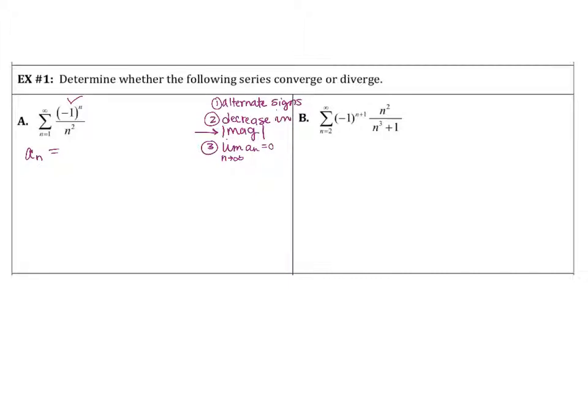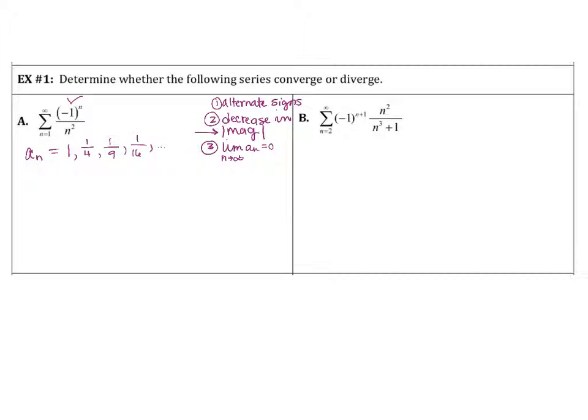If I start plugging in at 1, with the magnitude you're just going to ignore the alternating signs and list out the magnitude of each term. If I plug in 2, I'm going to have a 4th. If I plug in 3, I'm going to have a 9th. And then 1/16. We see very quickly that each term is decreasing in magnitude.